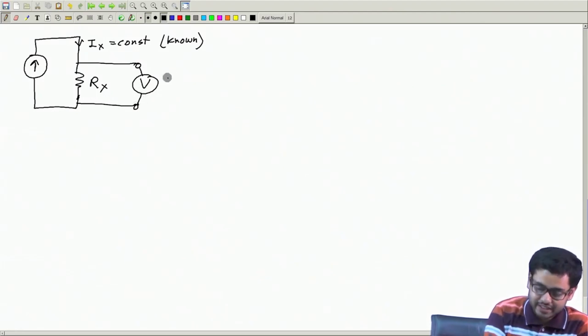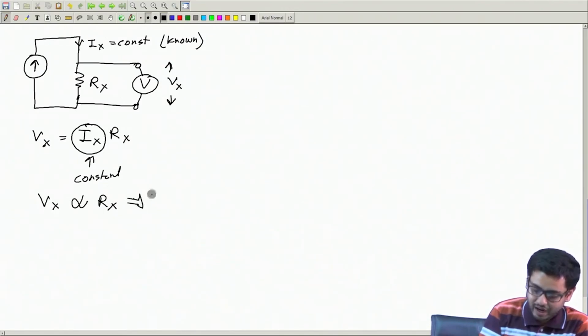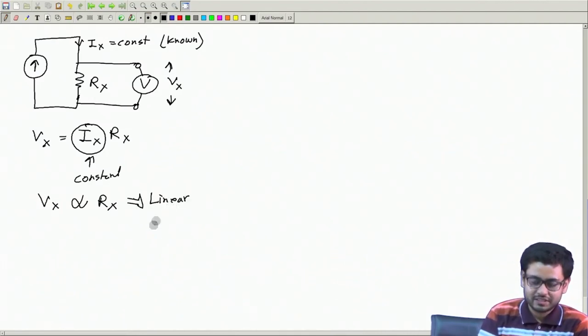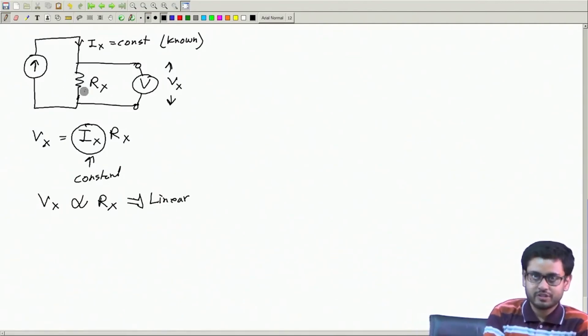Call this Vx. What can I write about Vx? Vx is Ix times Rx. Ix is constant, so Vx is proportional to Rx. So this will be a linear meter. The output meter reading will be proportional to the input or unknown resistance Rx.